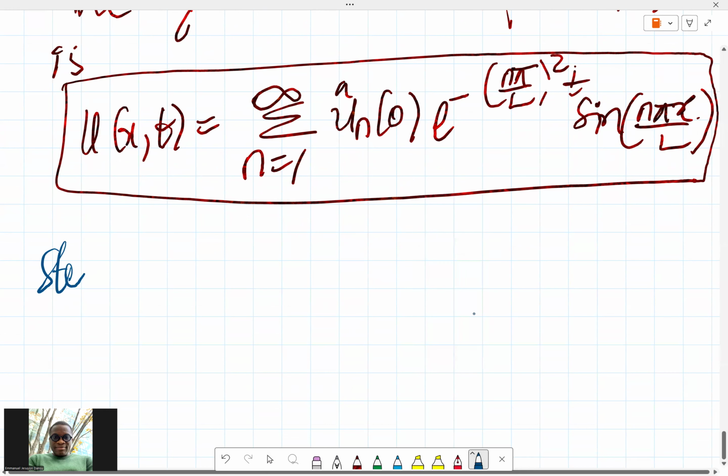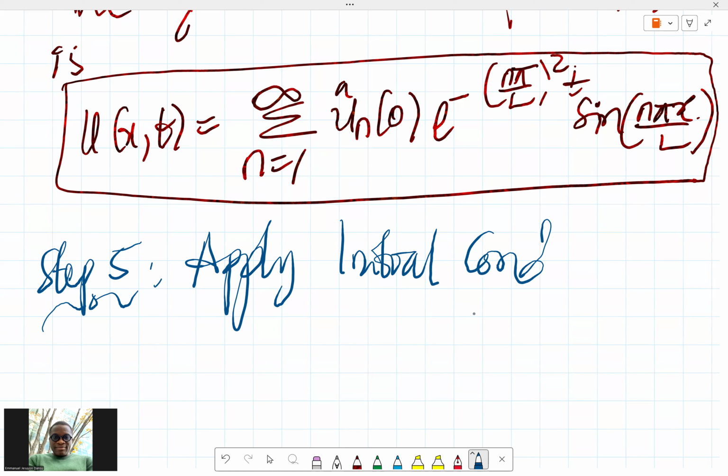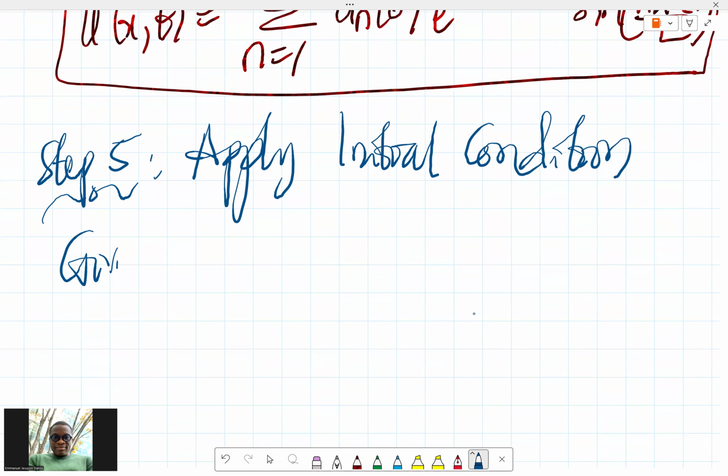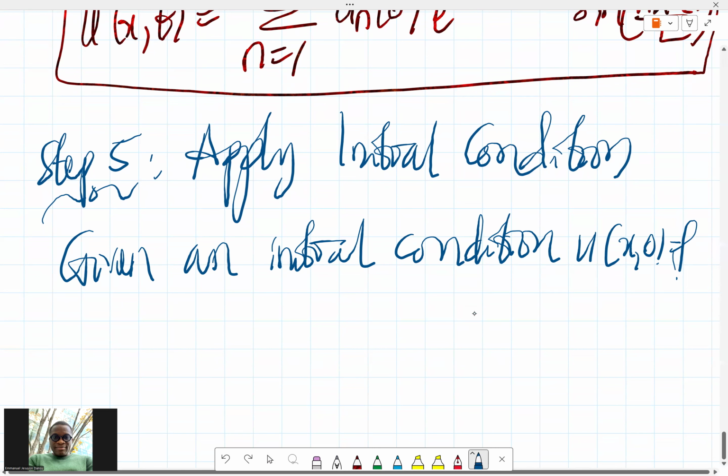Step 5, we have to apply the initial condition. So given an initial condition, u(x,0) equals f(x), or let me write that out more clearly.